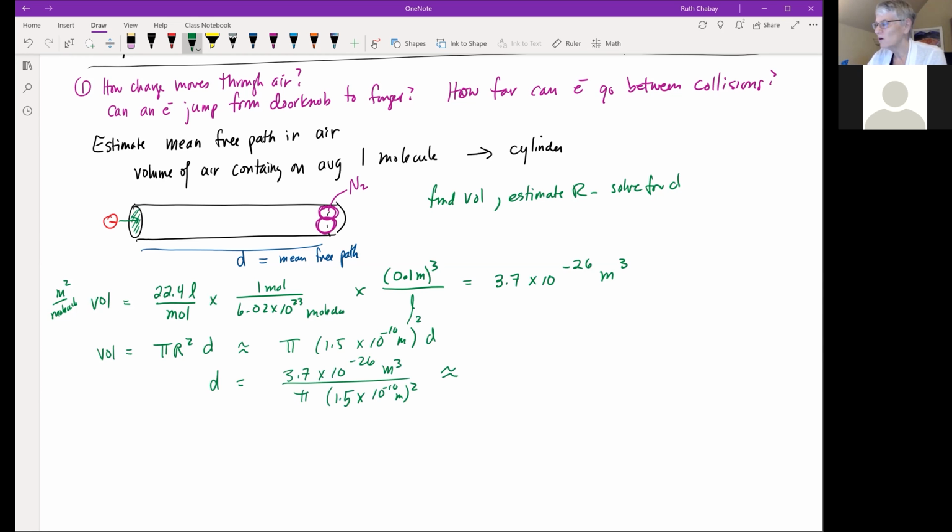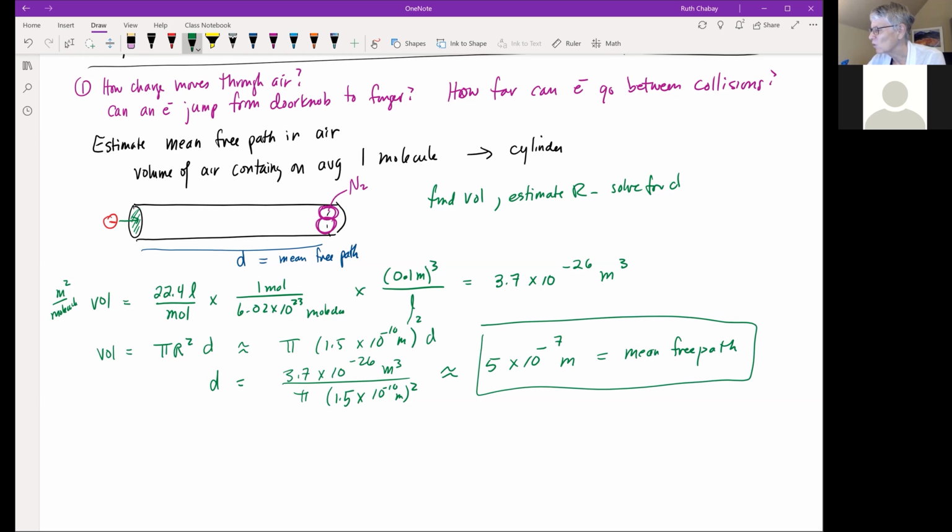And we get on the order of 5 times 10 to the negative 7 meters. So this is the mean free path, an estimate. One can make a more sophisticated estimate if you do statistics, because not all molecules are going the same way and not everything goes one mean free path all the time before a collision.